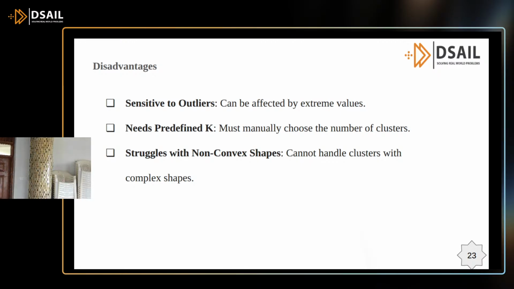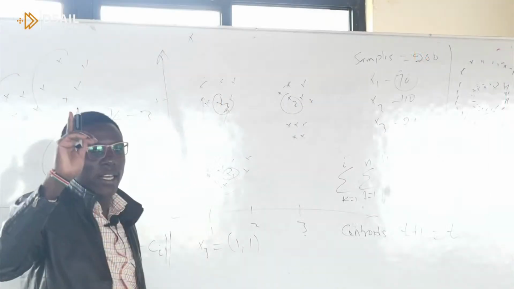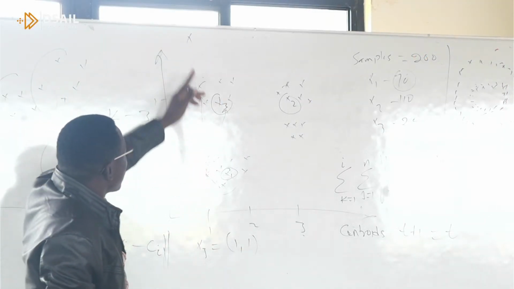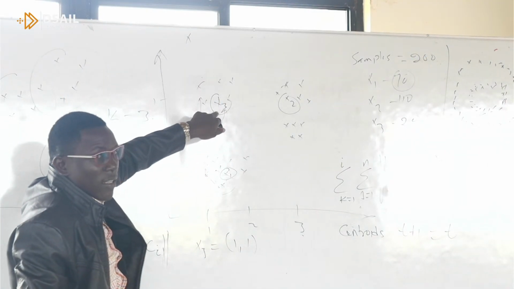For instance, if you have this example and a data point over here, this data point will be assigned to at least one cluster, based on the distances, it will be assigned to this cluster, right?